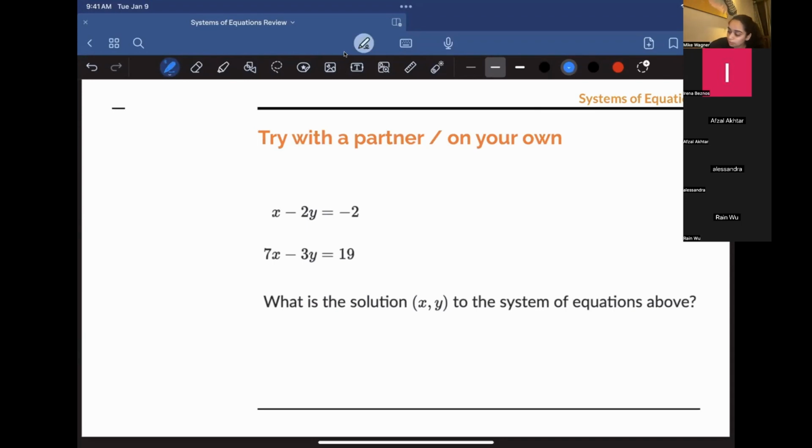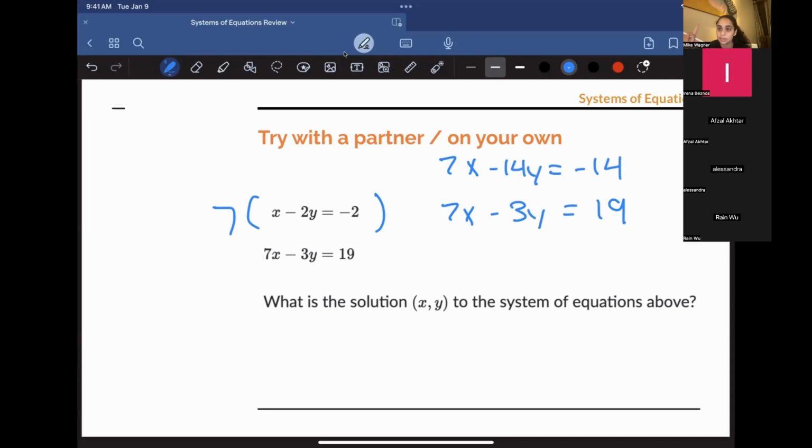What I like to do is multiply this whole thing by 7. So we get 7x minus 14y equals negative 14. And then we have 7x, the second equation, minus 3y equals 19. But it still gets a little tricky because if you add it straight down, you still have two variables. So you have to subtract the second equation from the first equation. So we're going to do minus 7x plus 3y minus 19.